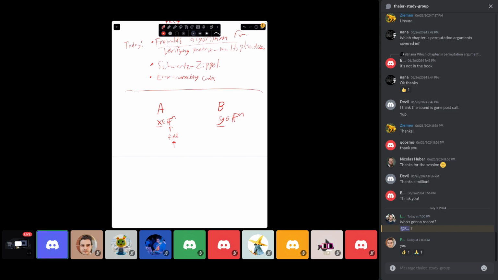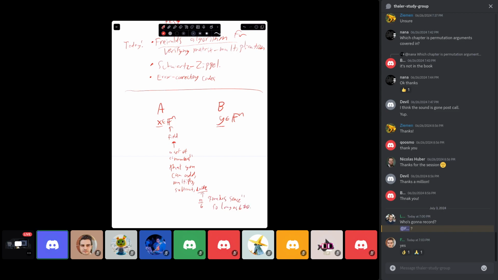A field is just a set of, you can think of them as numbers, but it's a set where you can take any 2 elements of the set and you can add them together, multiply them together, subtract them and divide them. Of course, you can't divide by 0, but a over b is defined for any 2 field elements, so long as b is not 0.